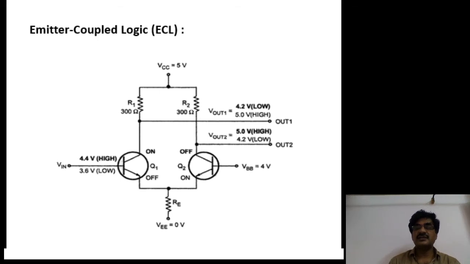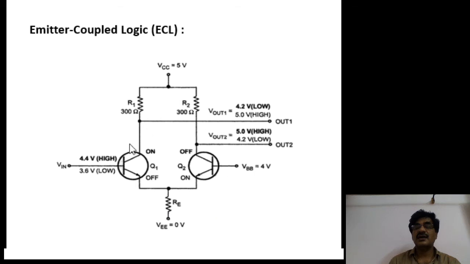These two transistors have an almost inverting action, and they are coupled by an emitter resistor, which is why it is called emitter coupled logic. Because of the drop across RE, if one is on the other goes off. That opposite state of the two transistors is achieved because of the emitter resistor.